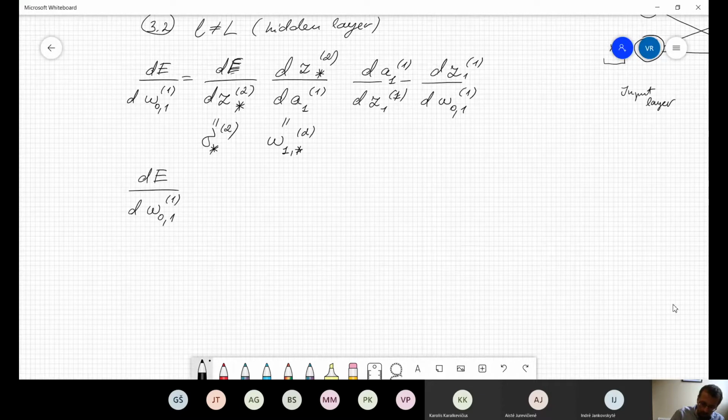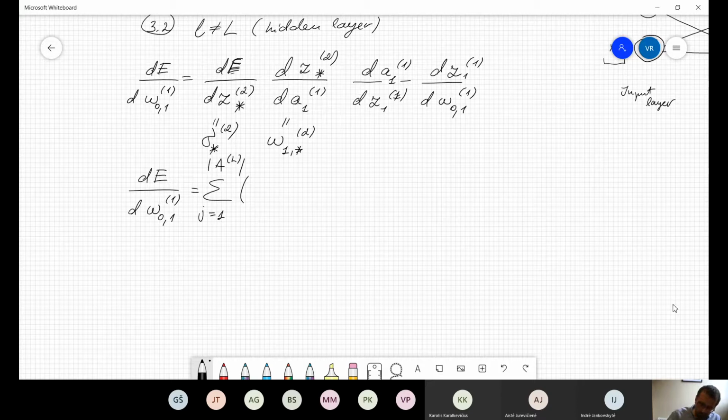W0, 1, and 1, this is the same guy. Since this is a star, we need to sum up all the deltas, with j equals 1 up to the length of the final activation. So this is the number of neurons on the output layer. We are going over the number of neurons on the output layer.